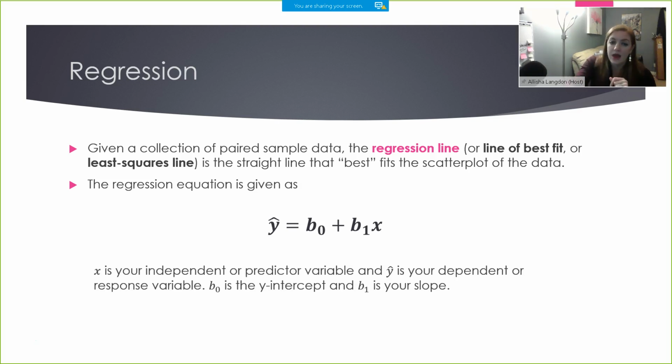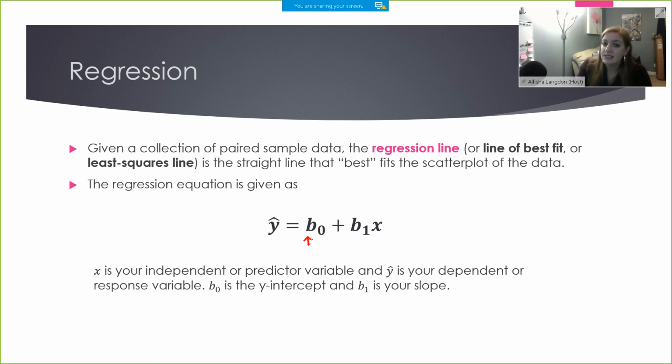Now, quick note: y is your dependent variable, so y would be your vertical axis, in case you need a little reminder from algebra. X is your independent variable, which will be on your horizontal axis.